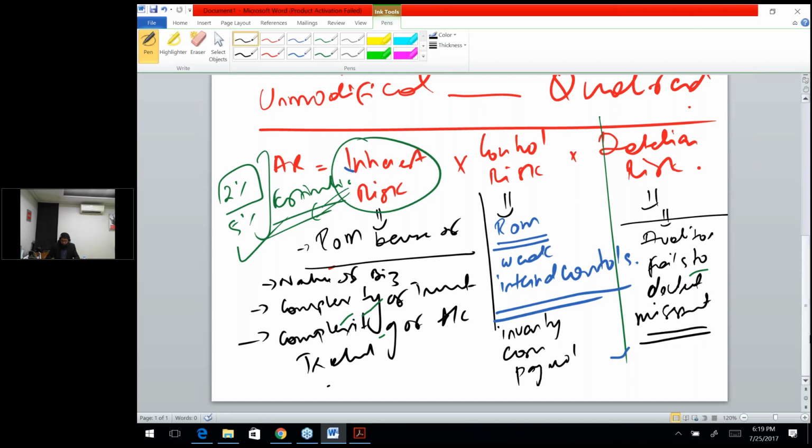So why would an auditor fail to detect misstatement? That is something that needs to be understood and that needs to be considered.